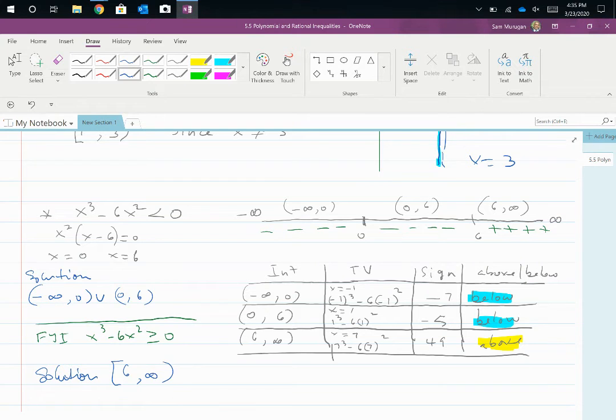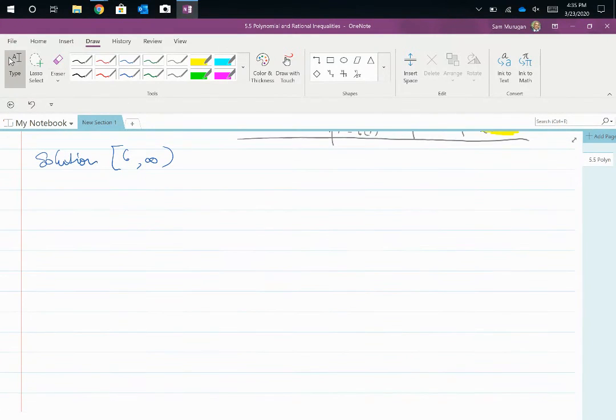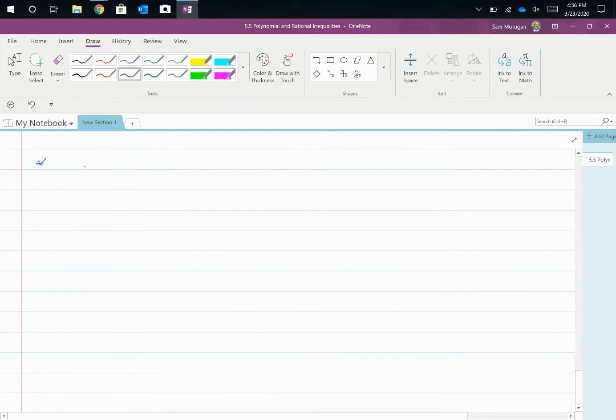If the expression is already factored, such as x minus 5 squared times x plus 7 is less than 0, then x equals positive 5 and x equals negative 7.